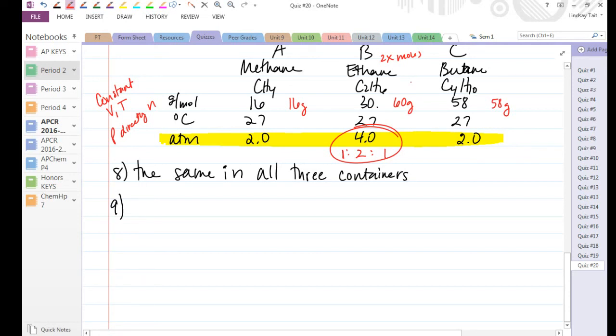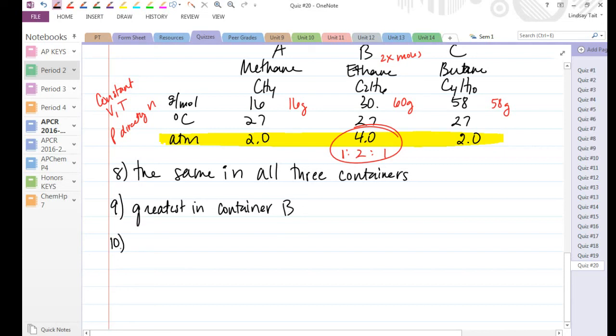And so knowing that, the answer becomes greatest in container B, because at constant volume, if it was all 1 liter or 2 liters, it doesn't matter. This is going to have the largest numerator, and therefore it's going to have the greatest density in grams per liter. So that one was tricky.